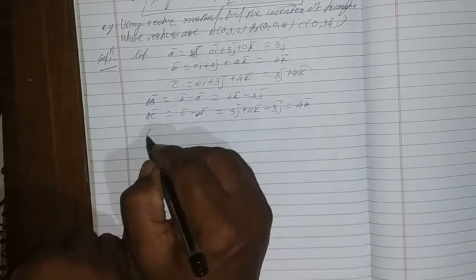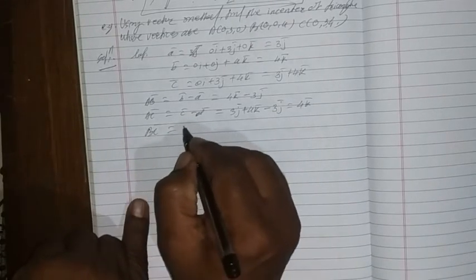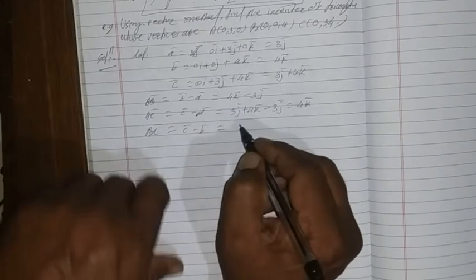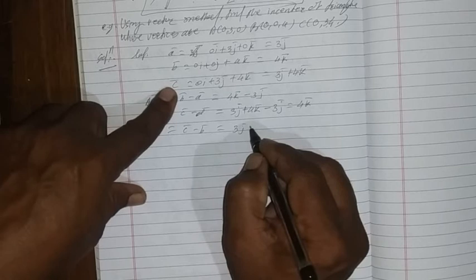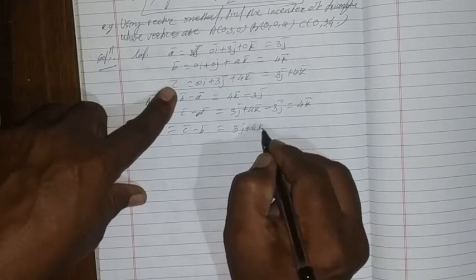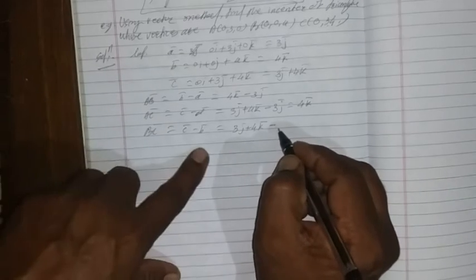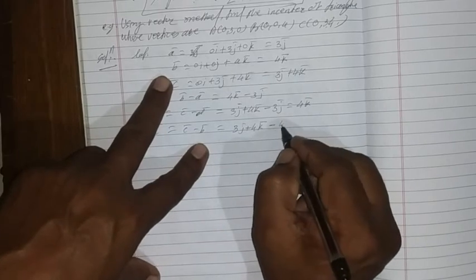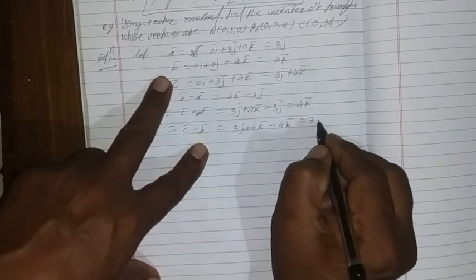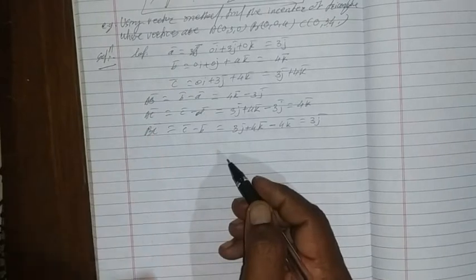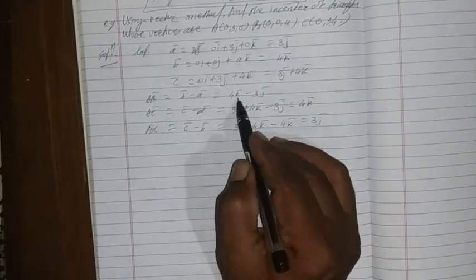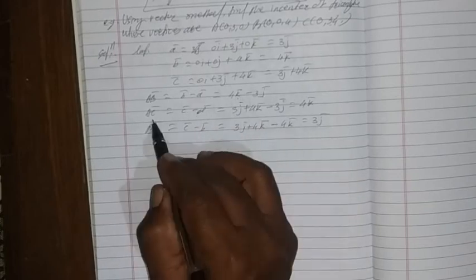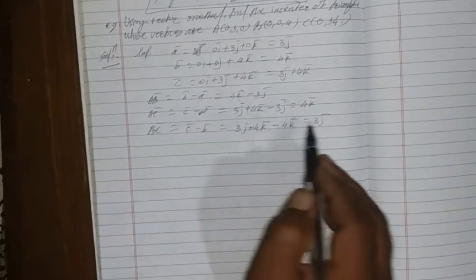Next, BC is equal to C minus B, that is 3j plus 4k minus 4k, which is equal to 3j, right? आपला काय आलं पोझिशन वेक्टर AB काय आला 4k minus 3j, AC 4k and BC 3j.